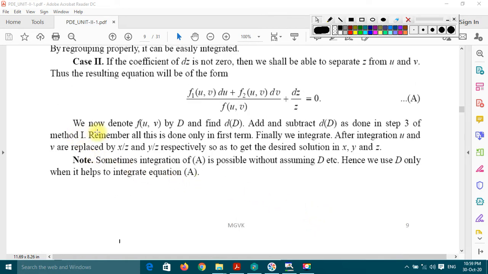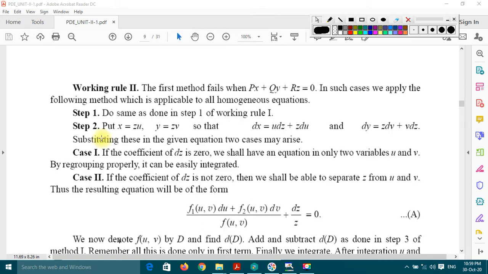We now denote f(u,v) by capital D and find the exact differential form of capital D. Then add and subtract the exact differential form as given in step 3 of working rule 1. Remember all this is done only in the first term. Finally we integrate it. After integration you put the values of u and v, because you have used the substitution x is equal to zu and y is equal to zv.